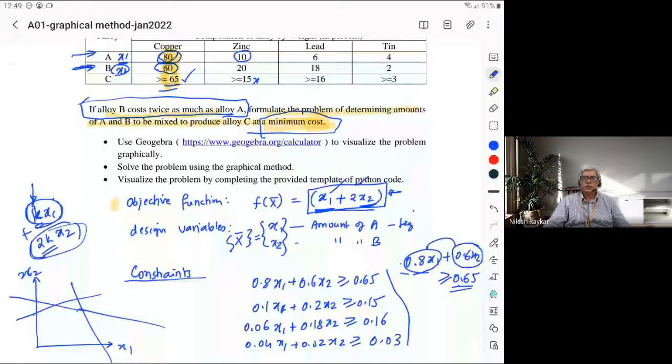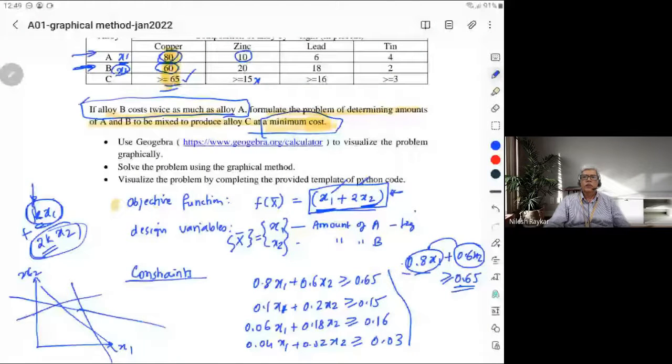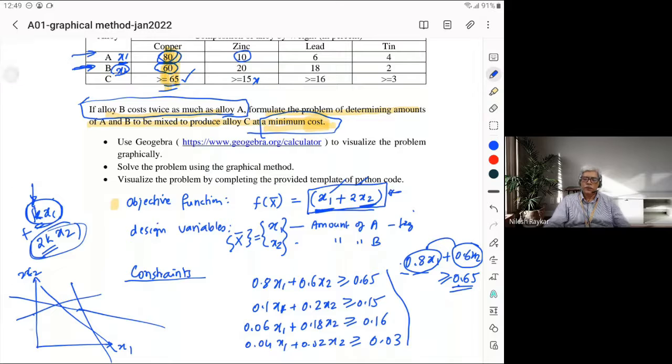We have to find out which is the feasible region. For example, if I plot the 4 constraints, these are the 4 constraint lines. Here we are talking about greater than or equal to, which means we are looking at the region which is beyond the line. If this is the line, then the feasible region is this one. For the second line, it is this one.